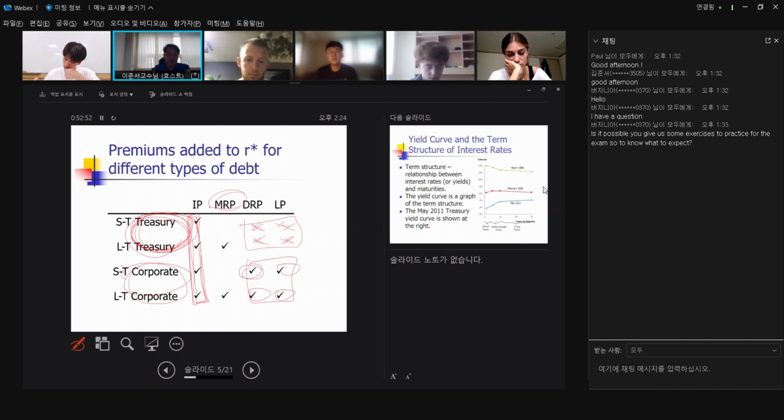And the maturity risk premium exists only in long-term bonds. In short-term bonds, the maturity risk premium is almost nothing. So each bond has a different source of risk premium.